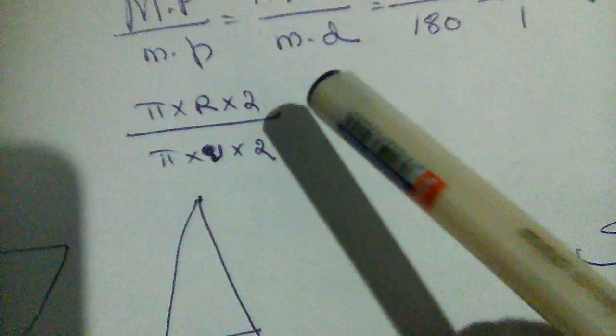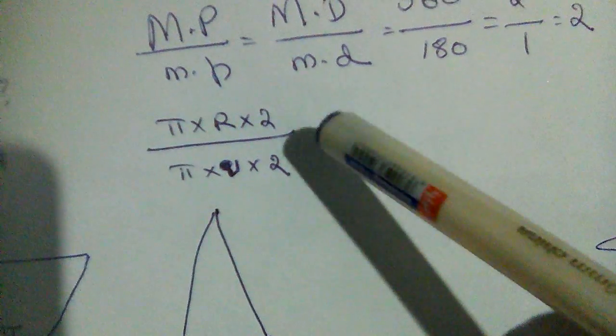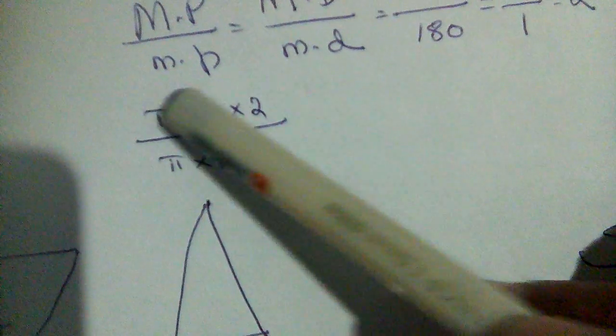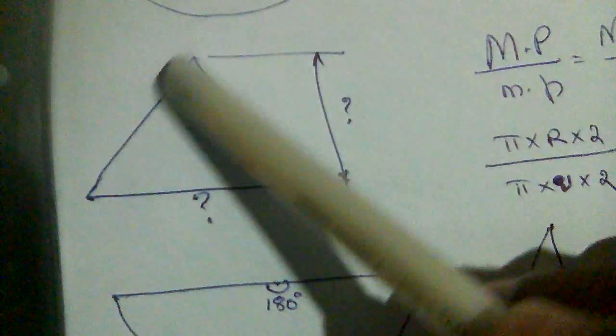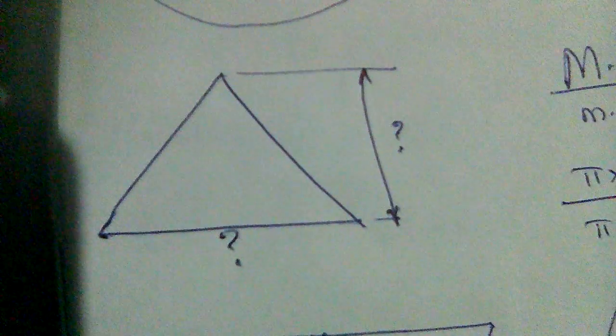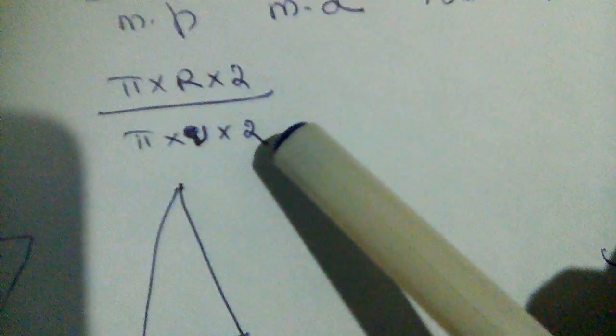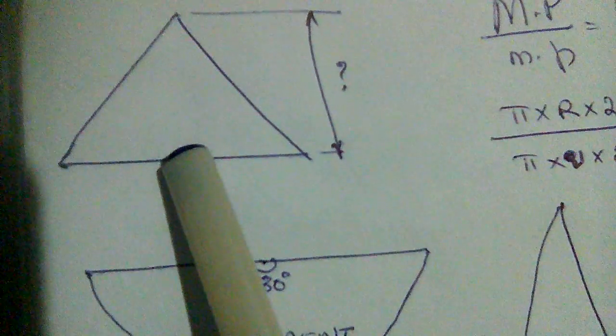It means when we take this major perimeter, for finding out its radius, we use this line as radius. For finding out the minor perimeter, we use the radius as, please listen, from here to here only.